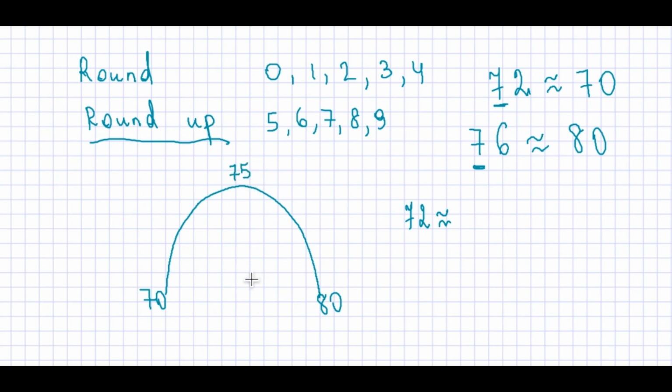And on the top, I have 75. Where is 72? It is here. What do you think? Will it come to 80 or go back to 70? Of course, it is much easier to go to 70. So 72 is approximately 70.